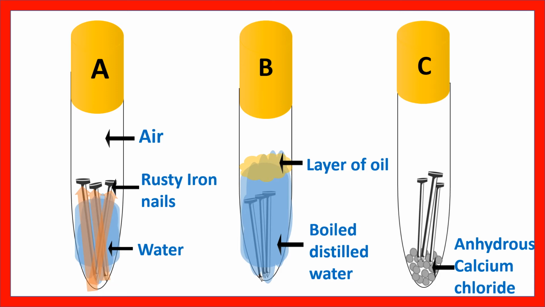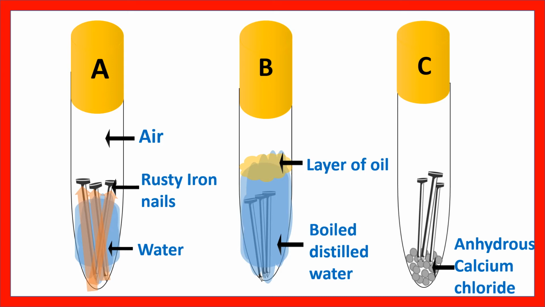In this test tube, the nails are available with water and air, that is the moisture, simultaneously, and they get rusted in test tube A. And the nails in test tubes B and C are not rusted.